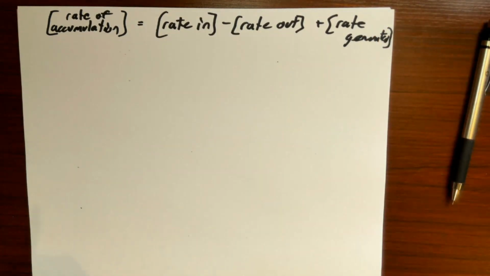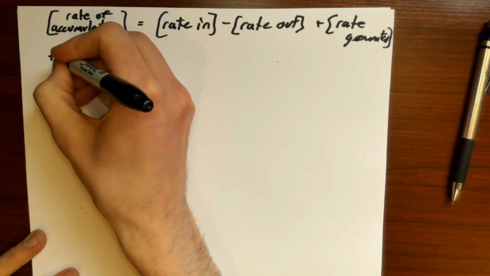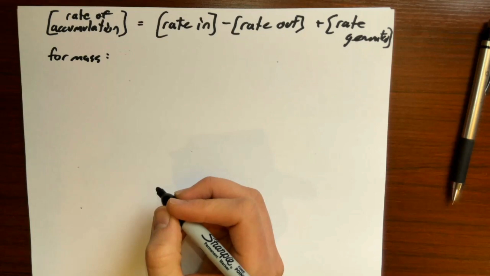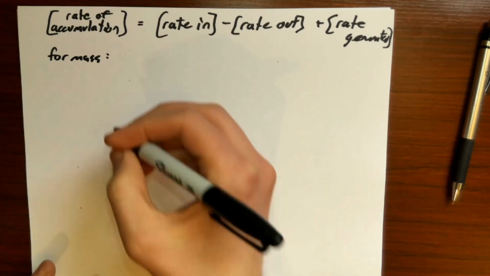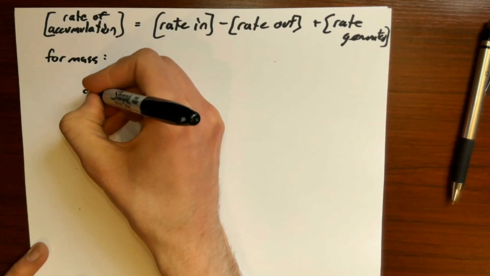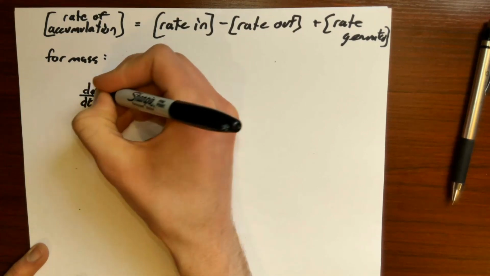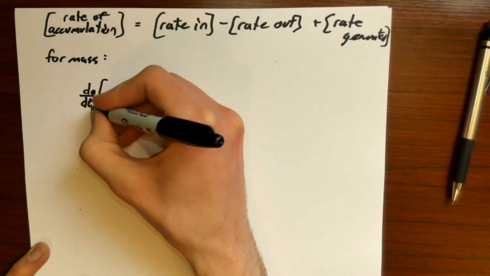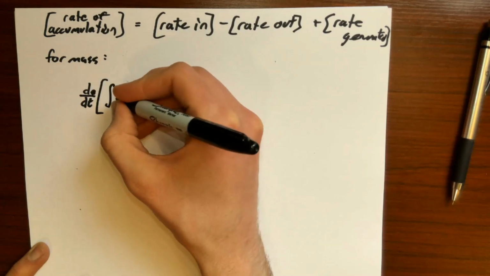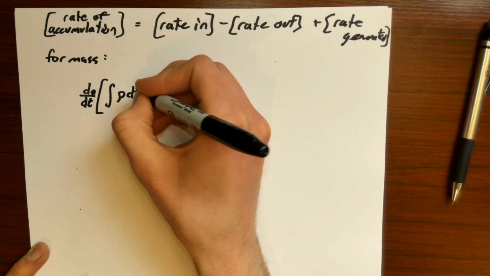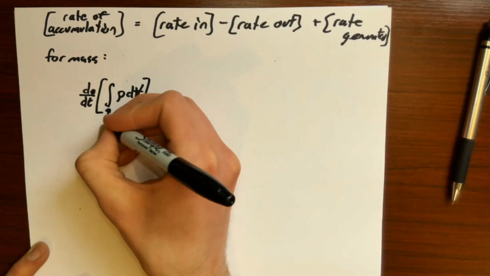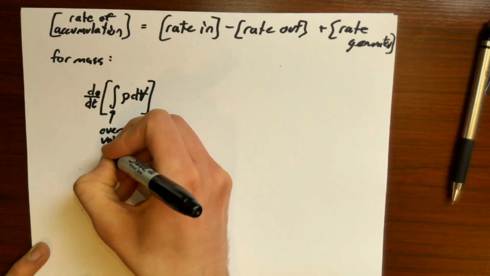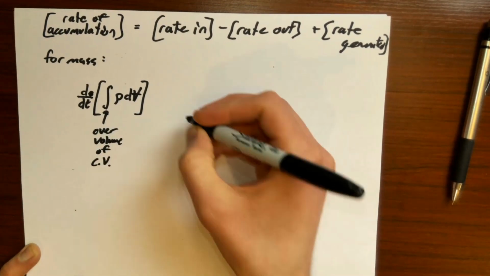And it turns out for mass, we can formulate conservation of mass this way. It's d/dt of this whole term. It's the derivative of this integral of rho dV, and in this case, this is an integral over the volume of our control volume.